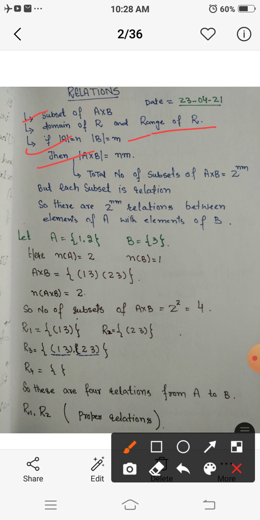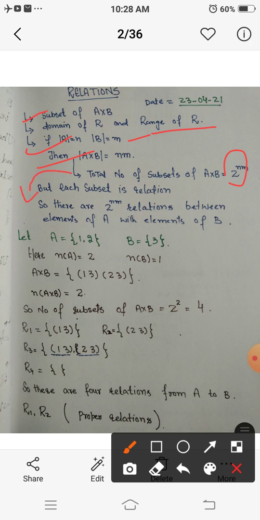So the total number of subsets of this A cross B is simply 2 raised to power nm. That is the number of relations between the two sets. Set A has n elements, set B has m elements, so there are 2 raised to power nm relations. This we discussed yesterday, but here we will continue from this very concept.